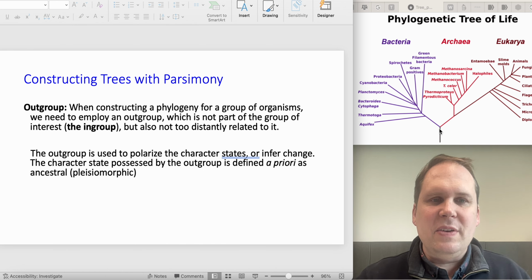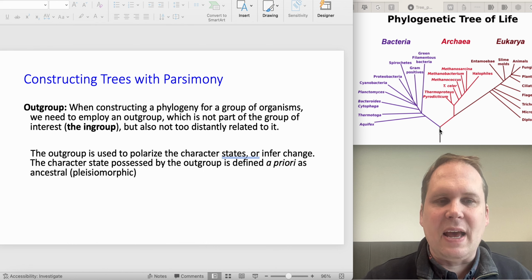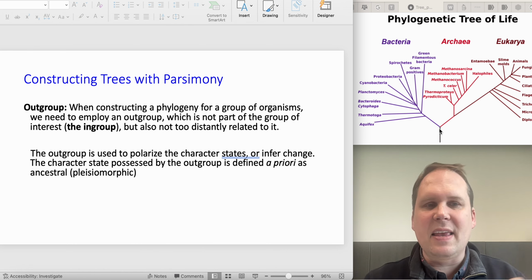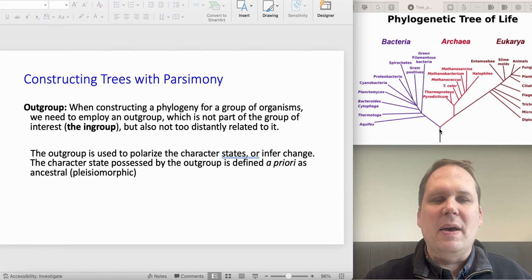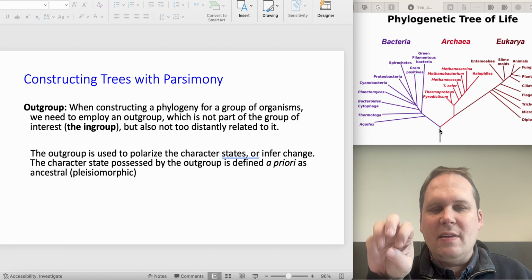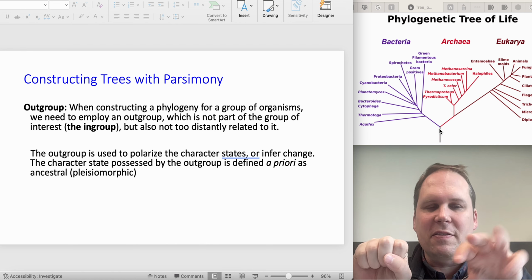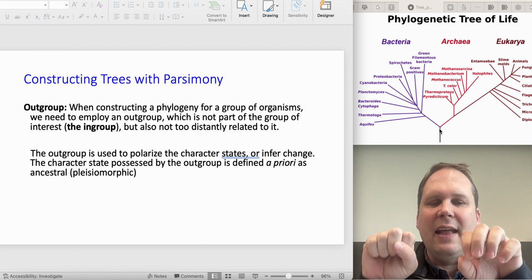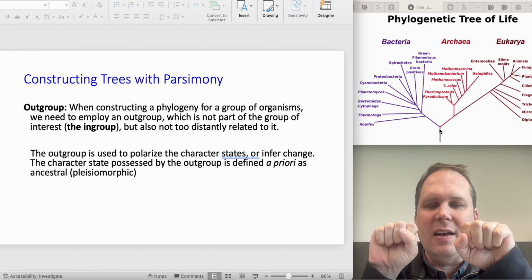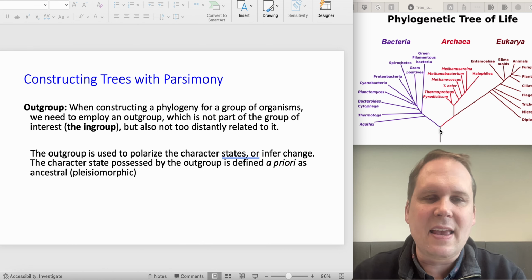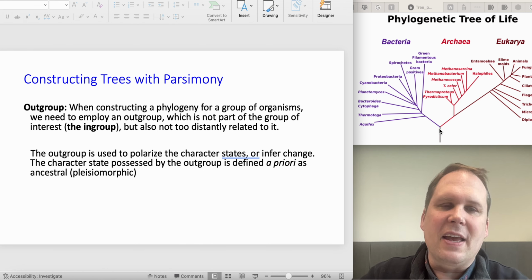So what you need is a thing called an outgroup. So an outgroup has got to be homologous. It's got to have the same features, but you want the outgroup to be related to itself, the other members of the outgroup, and you want your in-group, like the thing you're studying, to all be related, and you want them to be close but not identical, so that you will get a tree that has, let's say they used bacteria as an outgroup here.